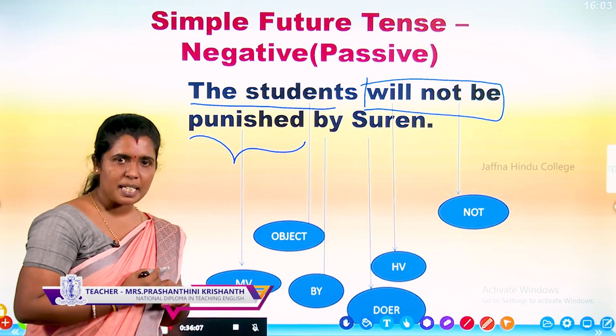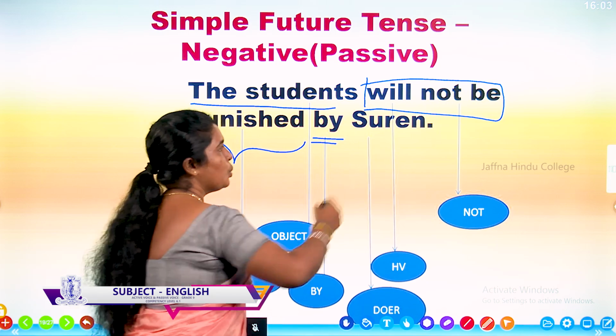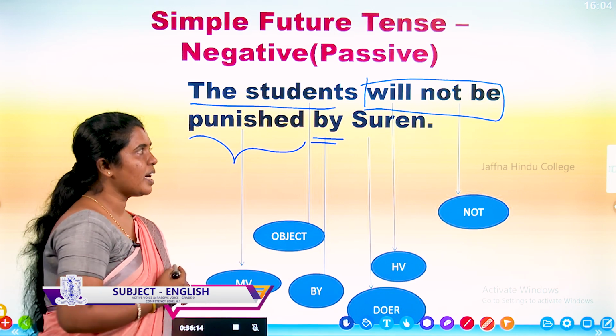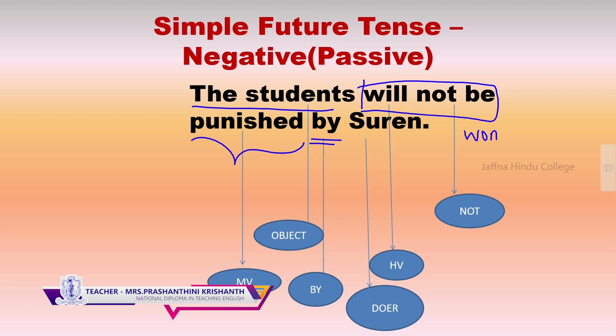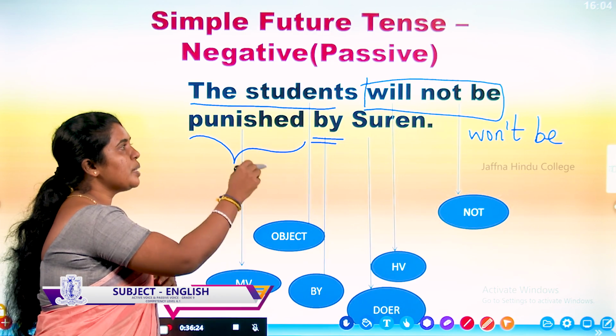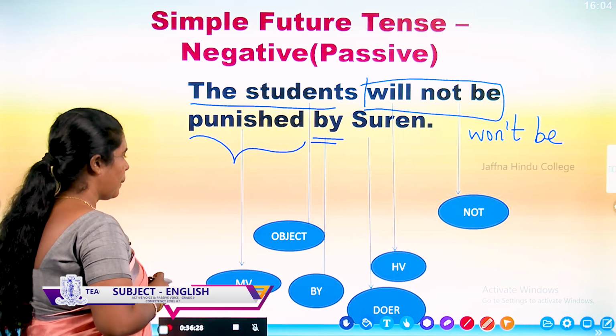As usual, the past participle form of the verb, by the doer, by Suren. Will not be, we can write this as won't be. This is the contracted form. Both are correct. The students will not be punished by Suren.